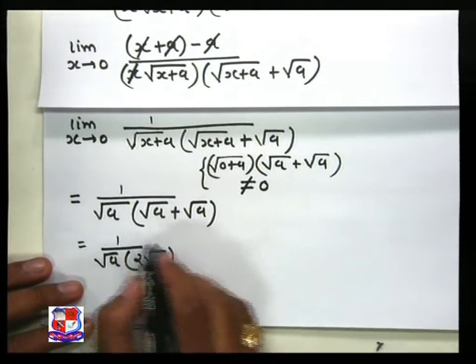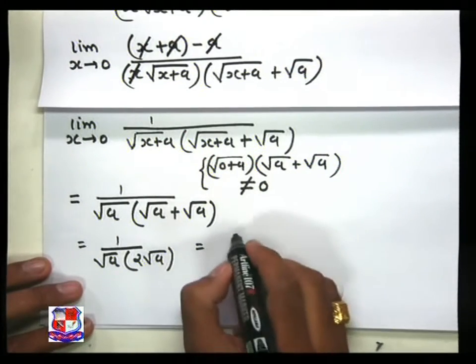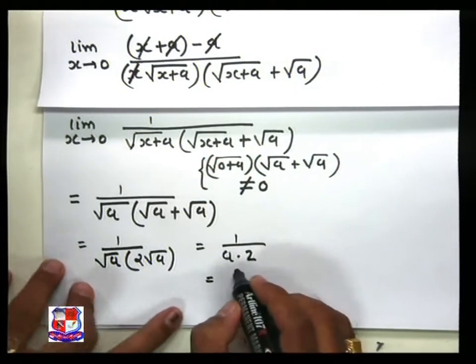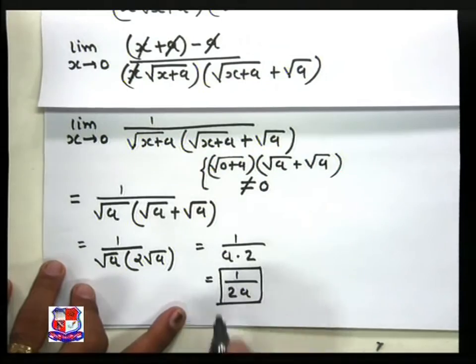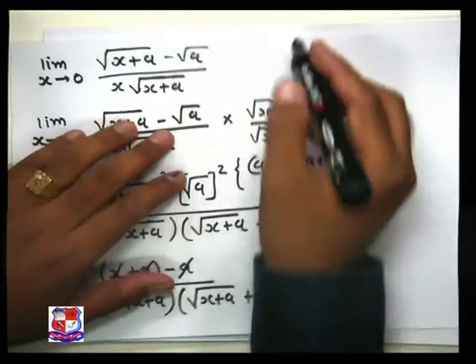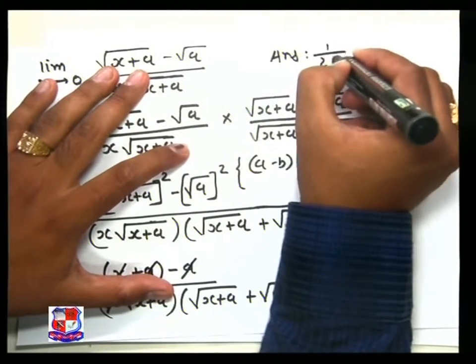If we simplify more, under root of a multiplied with under root of a is a, into 2, so we can write 2a. So this is our final answer, and the result is 1 upon 2a. We write our answer, 1 upon 2a.